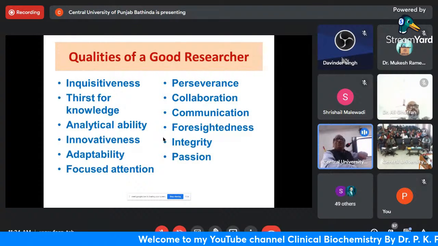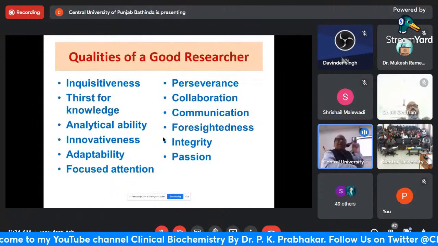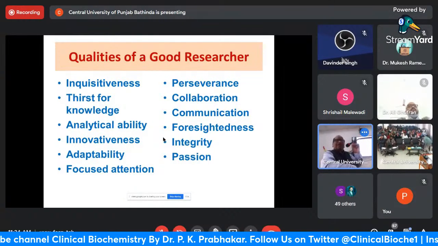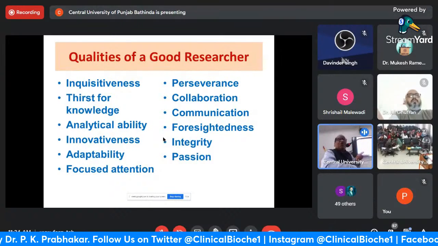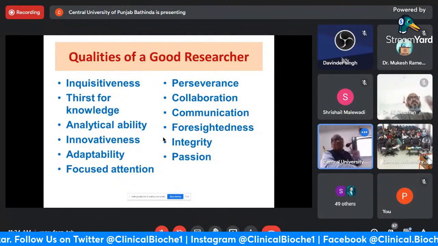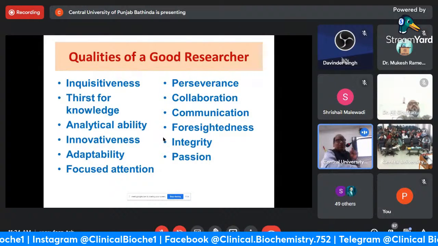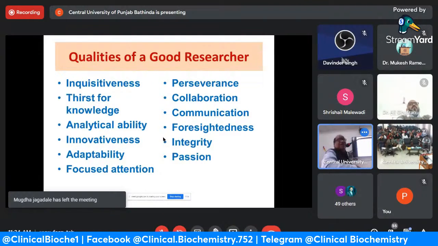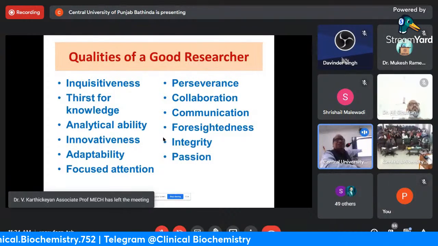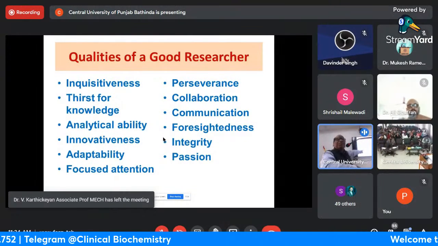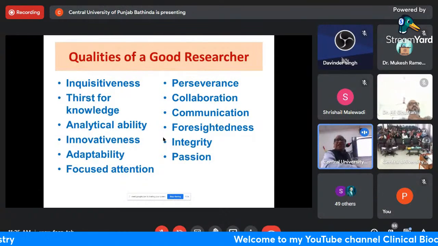Whenever there is a shortcut approach, you may succeed temporarily and get certain manipulated results, but those results will not be beneficial for society. So if a researcher focuses on these qualities, he can be a good researcher, and these qualities will help you select a good design.